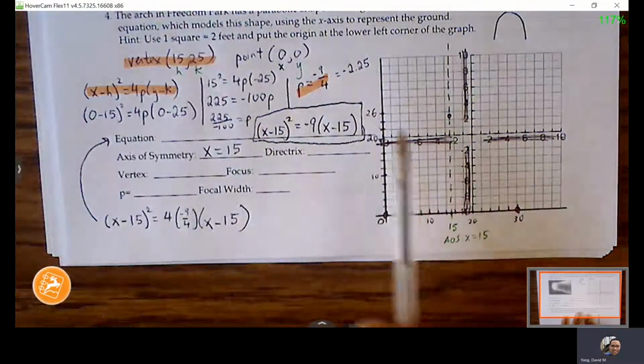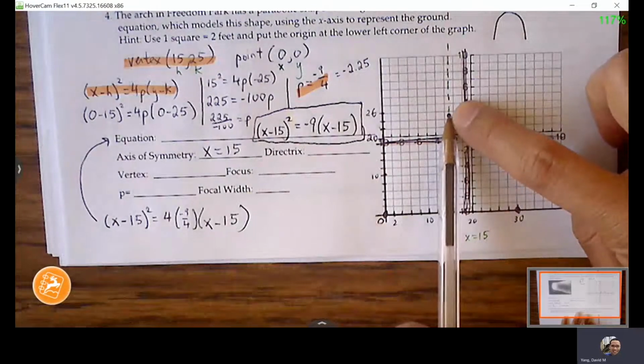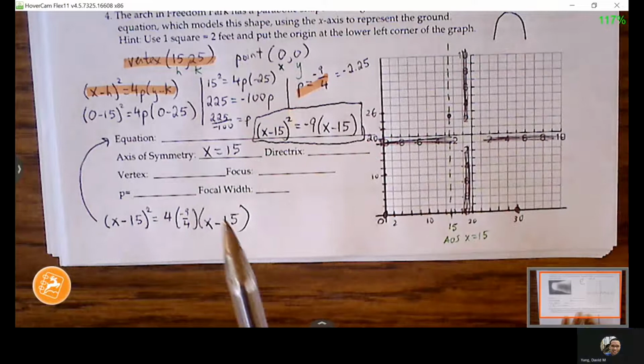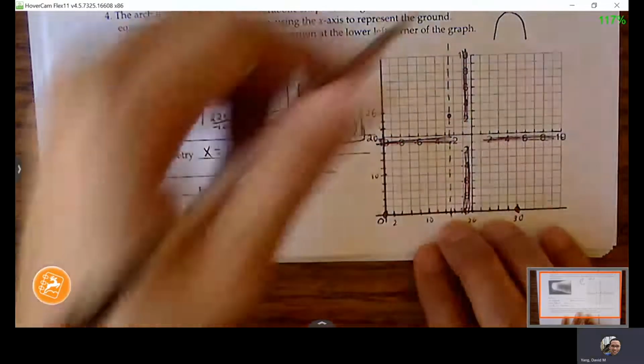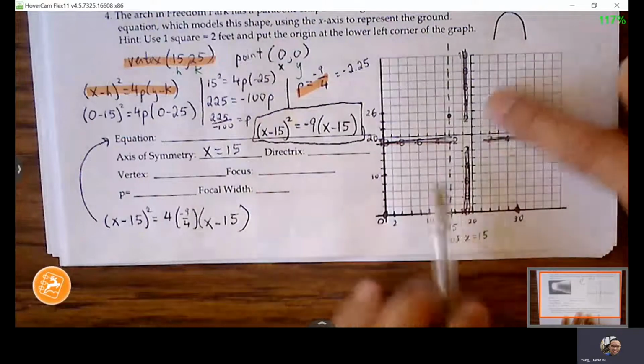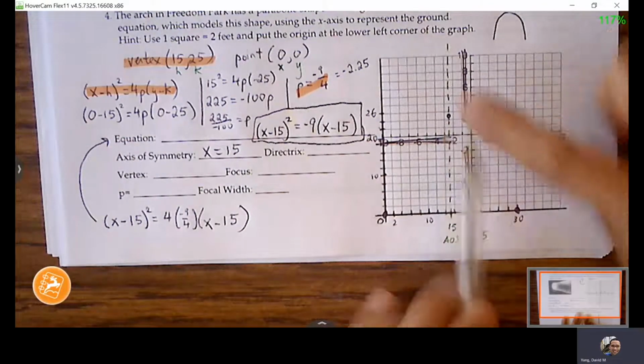Okay, p-value is negative 2.25, so we basically have to take our y value and either add or subtract 2.25 to get to the focus and then to get to the directrix. So I know that my vertex is here. I got to move up to get to my directrix. Yes, question.